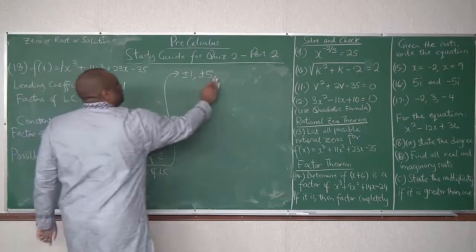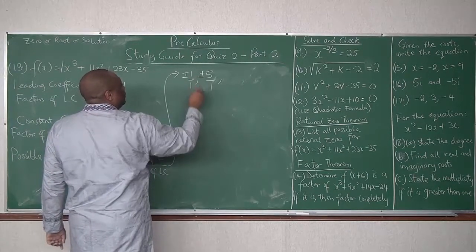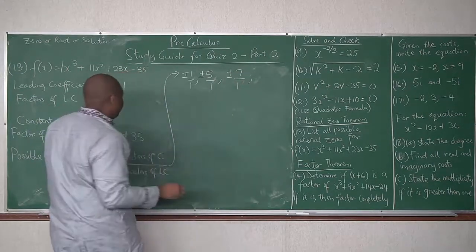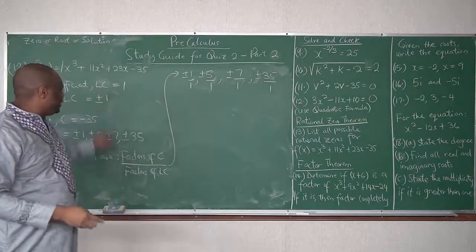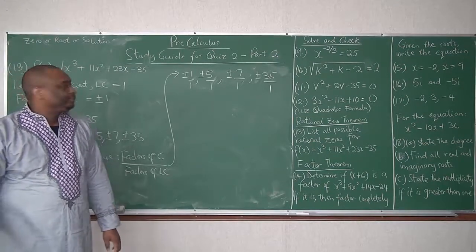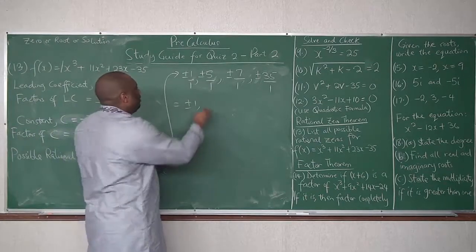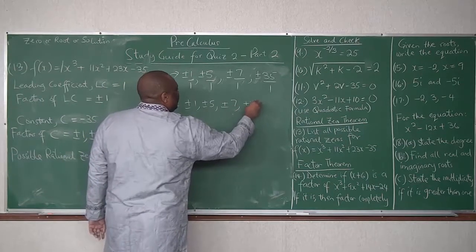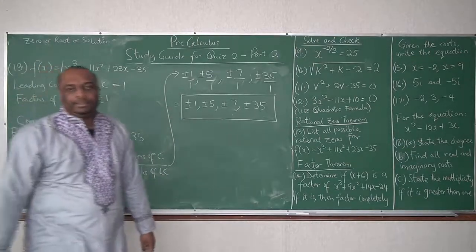Then plus minus 7 over 1, then plus minus 35 over 1, because that is factors of the constant divided by factors of the leading coefficient. So this will be plus minus 1, plus minus 5, plus minus 7, and then plus minus 35. And that becomes your answer.